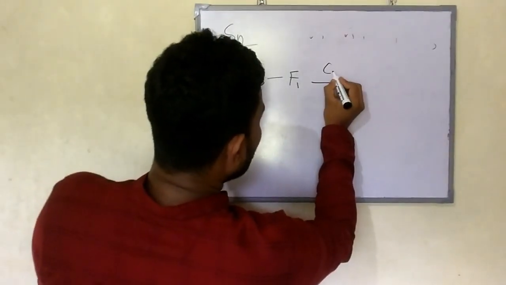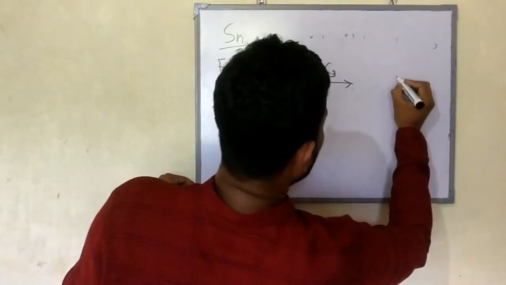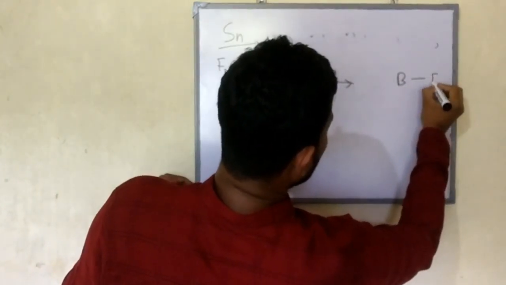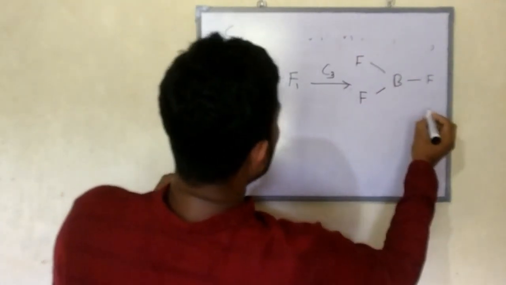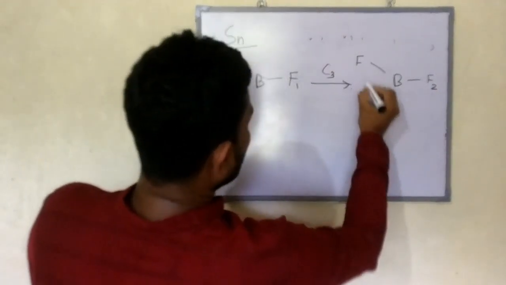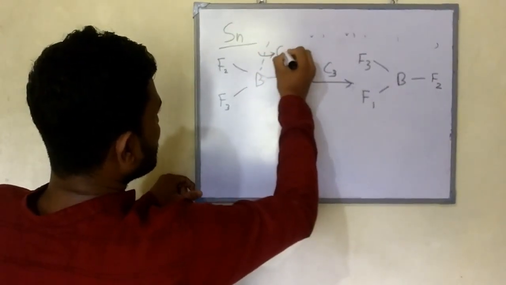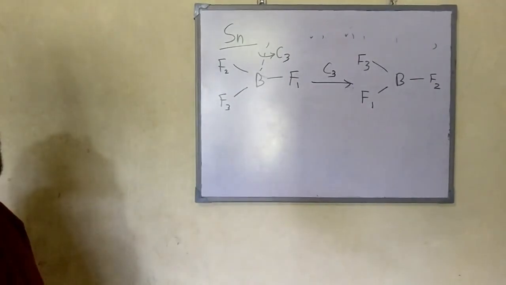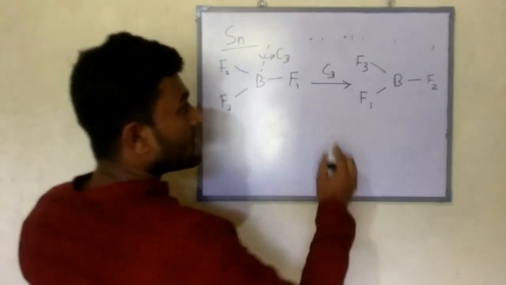So you can think first of the rotation by C3. The resultant molecule will be like this. Here you are rotating around the C3 axis. Then you want to put a mirror plane.